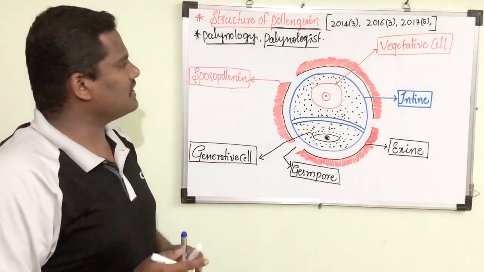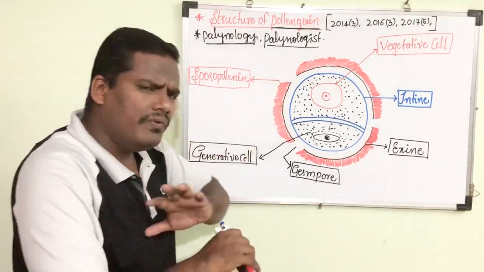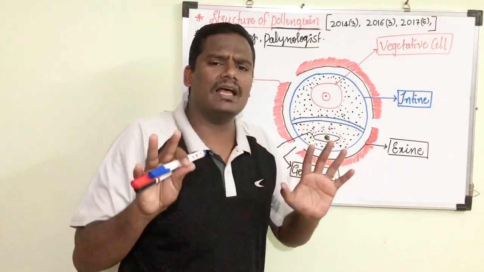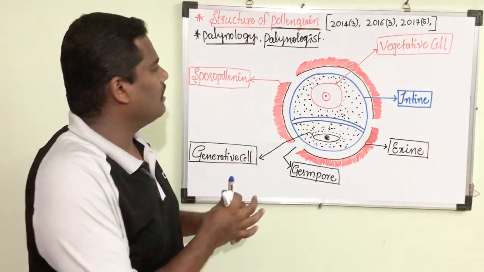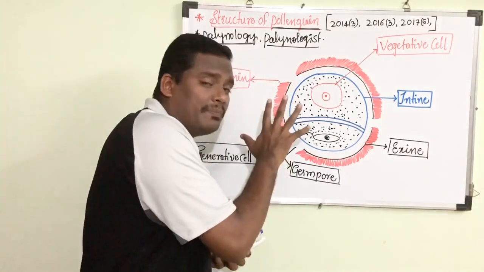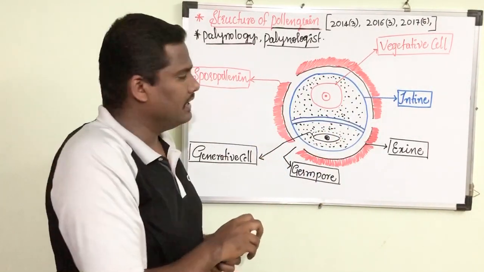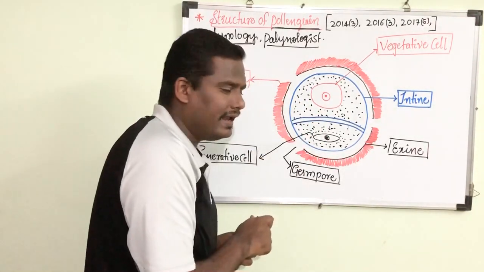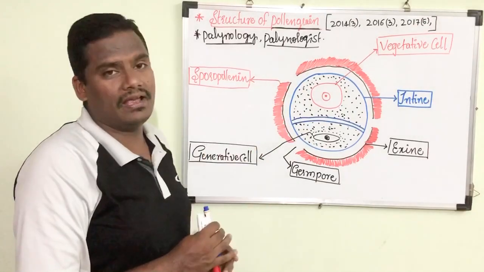Now, pollen grains are of various shapes and sizes in different plants. But the general or widely accepted diagram of the pollen grain is of spherical shape. This spherical pollen grain is covered with 2 protective layers.